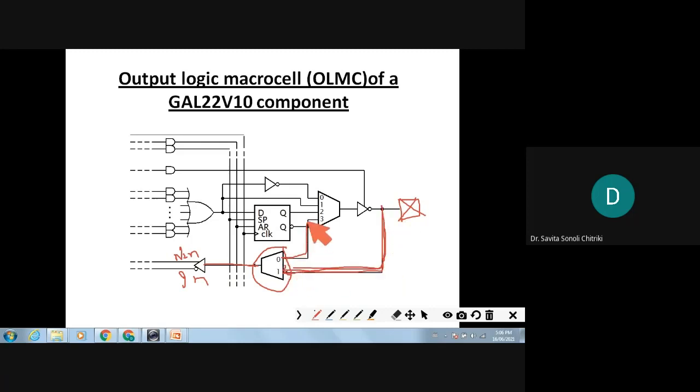Another one is coming from Q bar through a combinational circuit from here. So that is the 2 input multiplexer. The 2 input multiplexer is used for feedback. In some sequential circuits, if you want feedback, this will do the job of feedback, right?